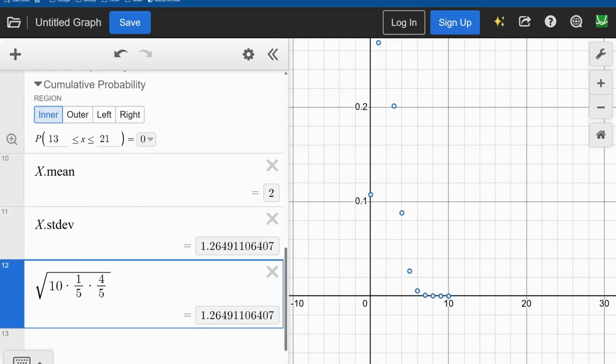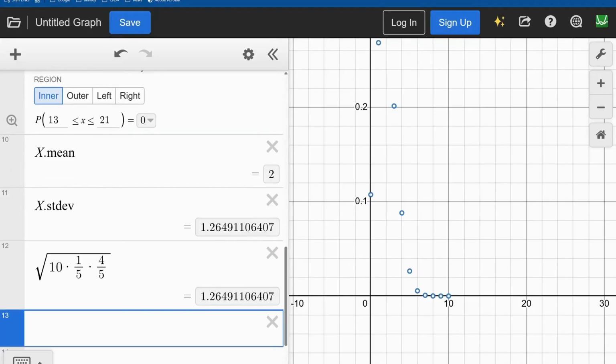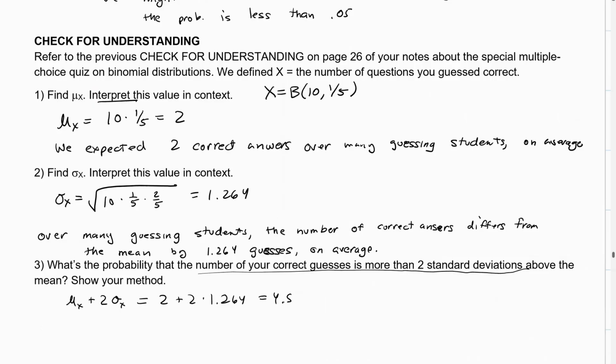Let's type that in. 2 plus 2 times 1.264. It's 4.528. So what are we asking? The probability that X is greater than 4.528.